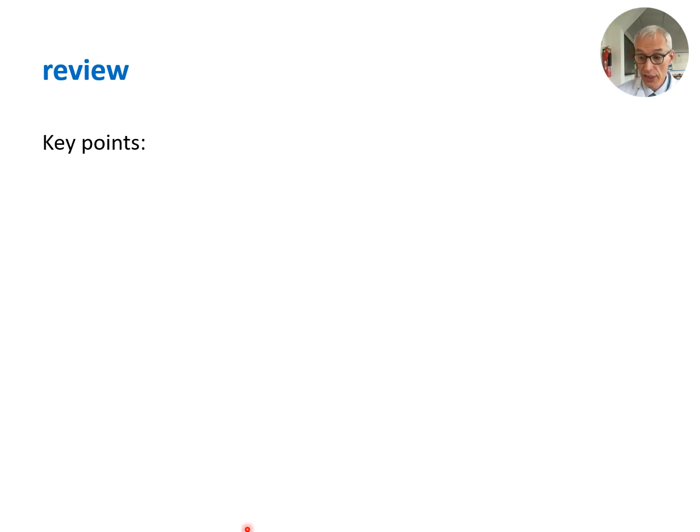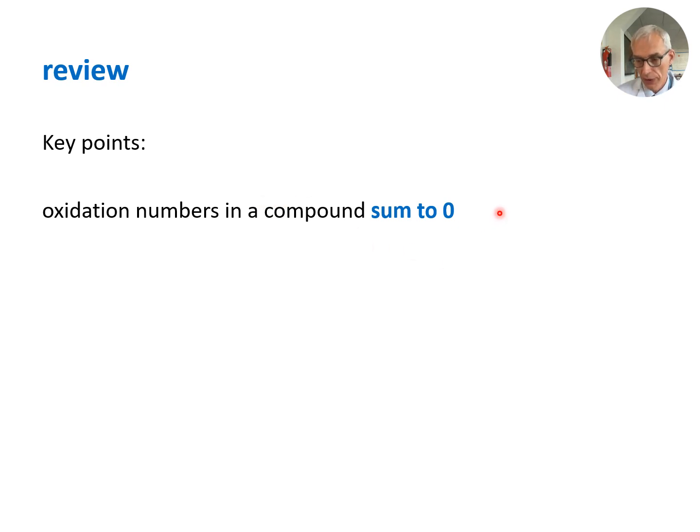Of course, in addition to knowing the rules, there are some key points in assigning oxidation number. In a compound, the oxidation numbers sum to 0. So if we take carbon dioxide, for instance, we know that oxygen is -2, and there are 2 of them, so it's going to come to -4.